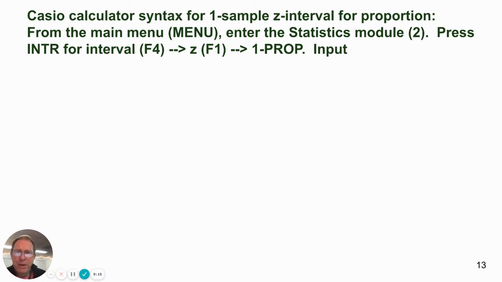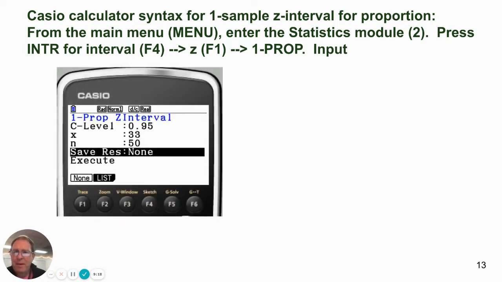Okay. Now you're going to get a screen like this, and you're going to have to input these numbers. Our confidence level is 0.95. X is the number of successes. That's 33. N is 50. That's the number of times he spun the globe.